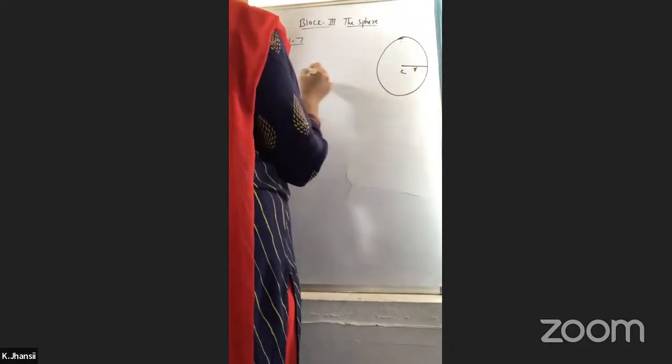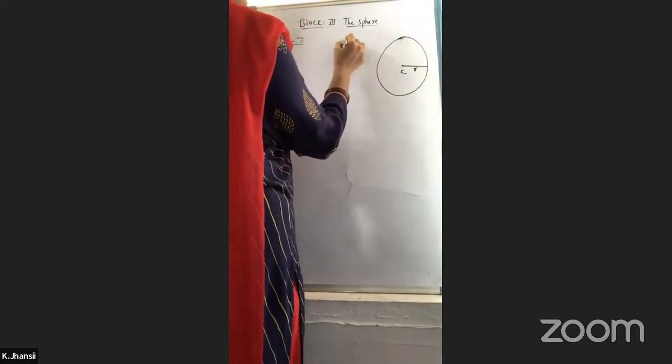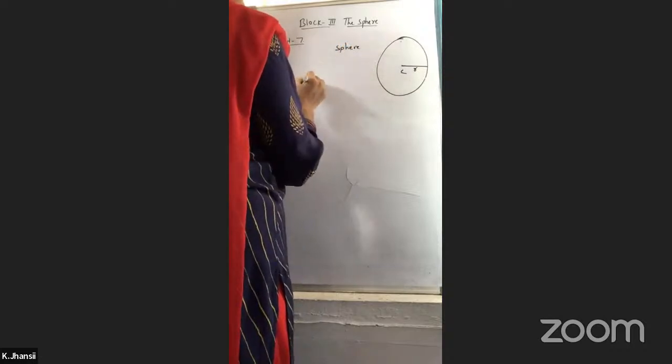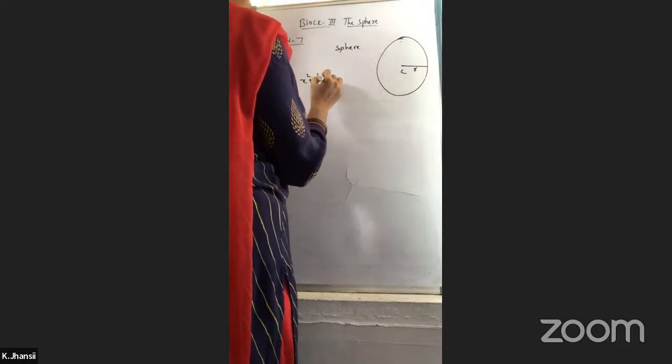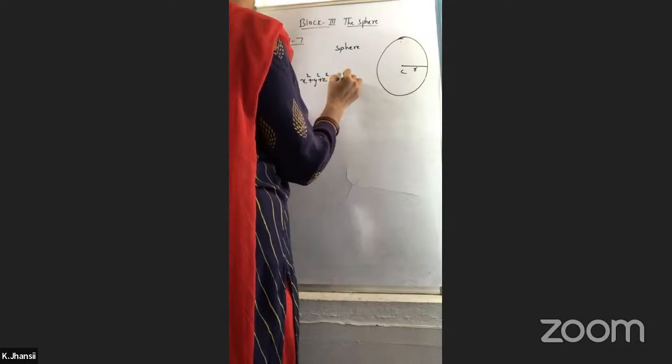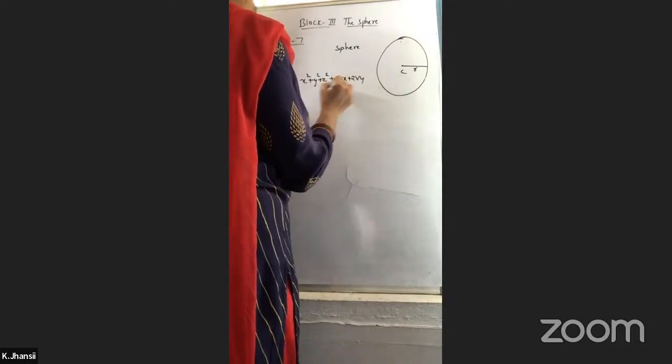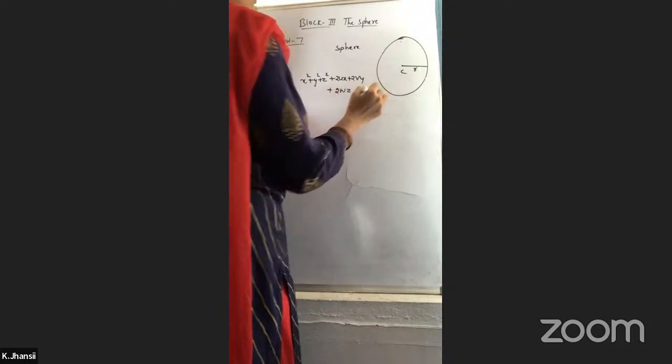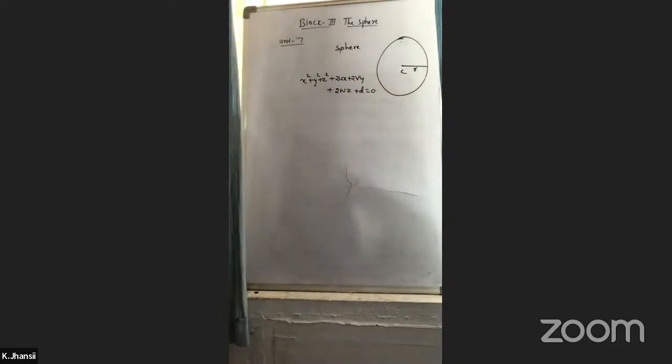So the equation of the sphere is x square plus y square plus z square plus 2ux plus 2vy plus 2wz plus d equals 0. This is the equation of the sphere.